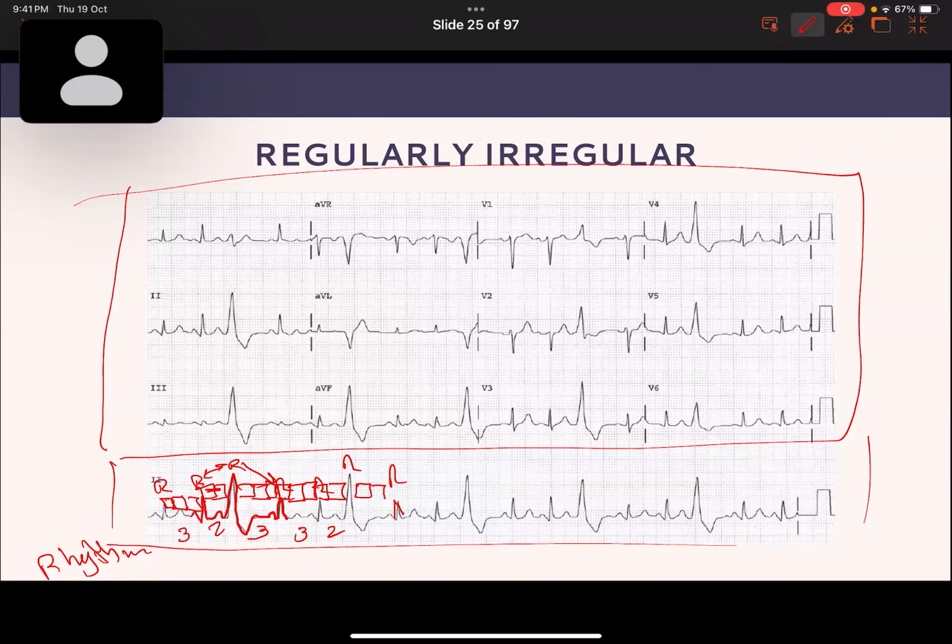That's going to be 3 large boxes. So you notice that there is a sequence in here. Those are 3 large boxes in between those 2 R waves. So you notice that there's a sequence in here, 3, 2, 3, 3, 2, 3, and it repeats itself. That's why we say it's regularly irregular, because it comes in a sequence.